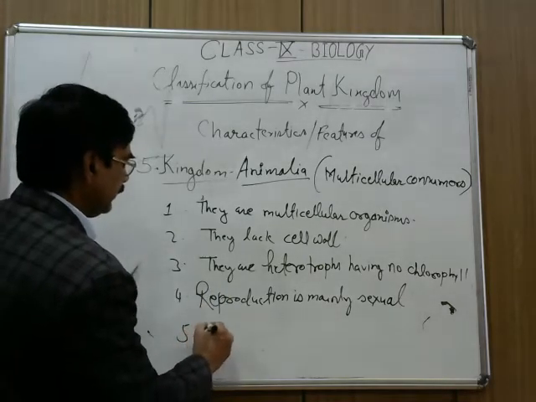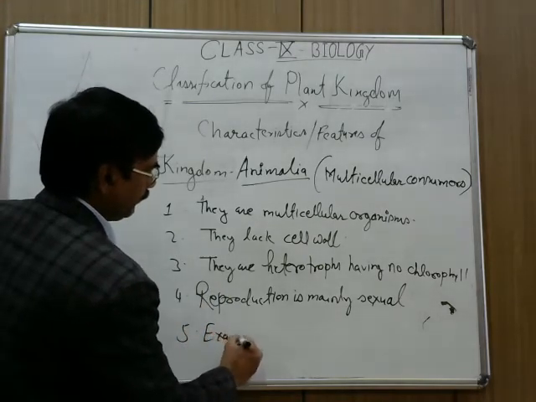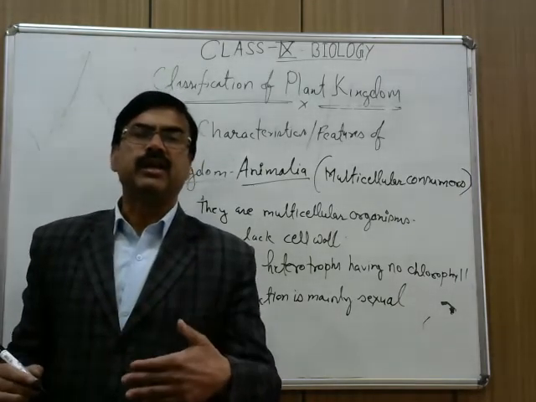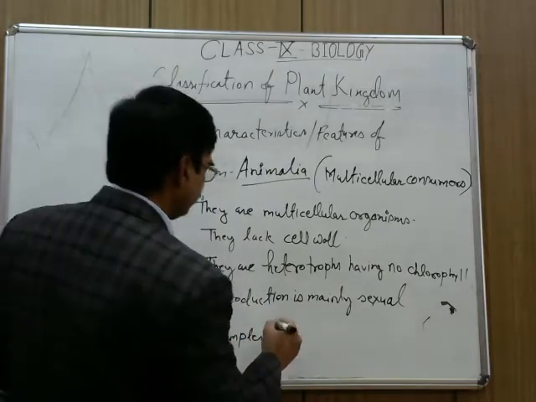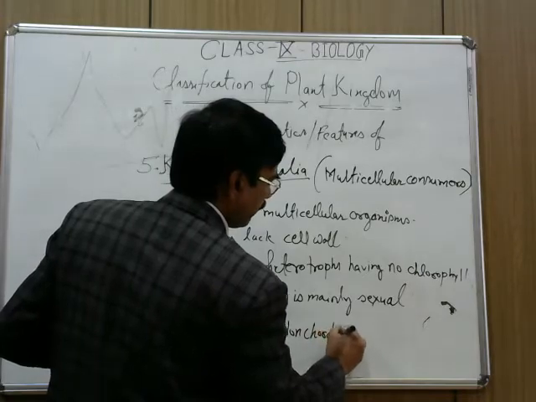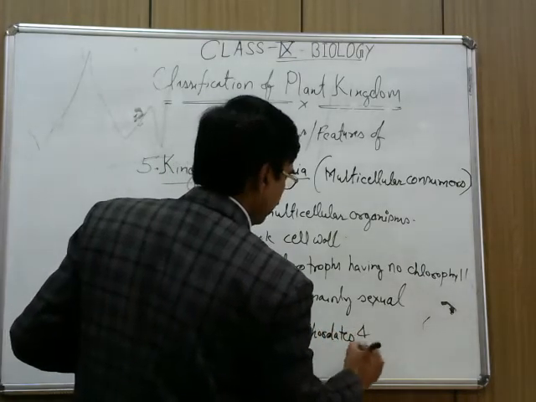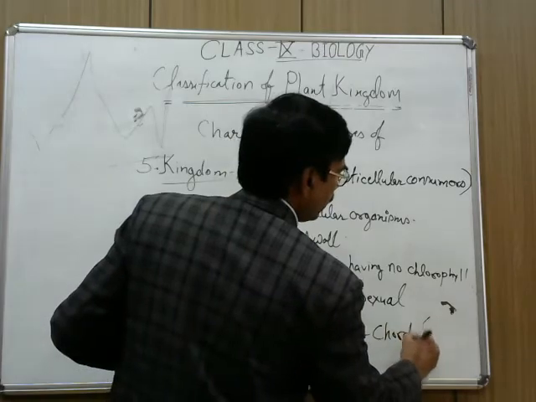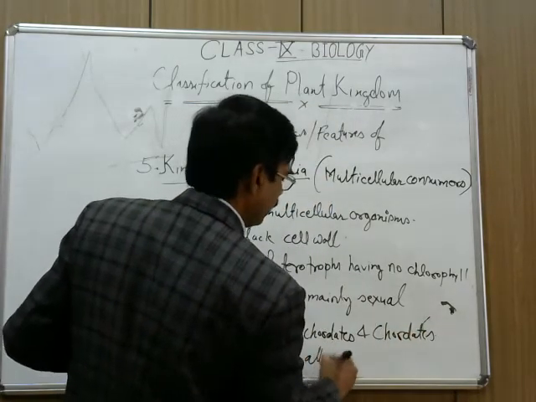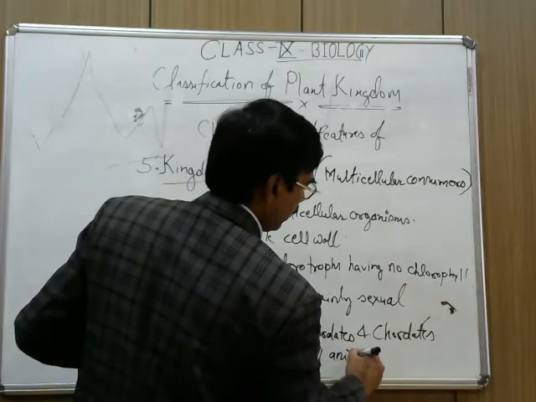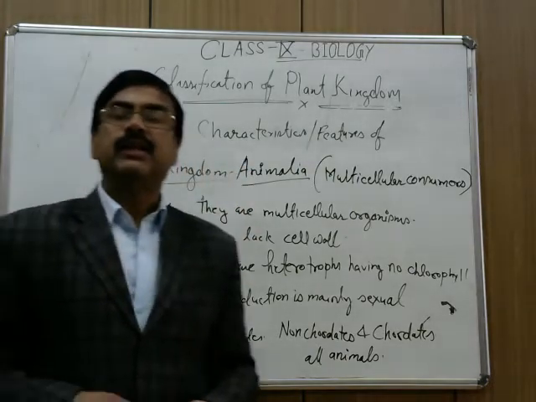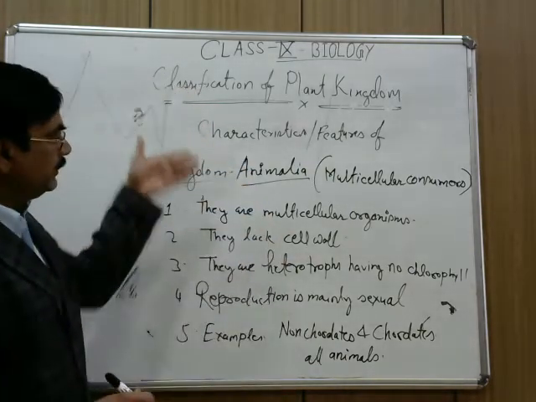And number 5, you can write examples: non-chordates and chordates, human being, all animals. So these are the 5 kingdoms, and you have to write in this way.